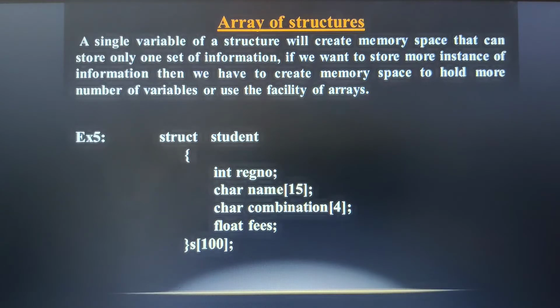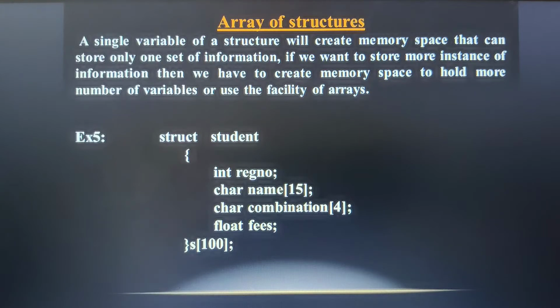Suppose I want to store the information of 20 students, then you need to create either 20 structure variables, or you have to go for the concept known as arrays. Creating 20 structure variables might become complex, so rather than that we can make use of arrays in structures. Let us see how we are going to implement arrays in structures.